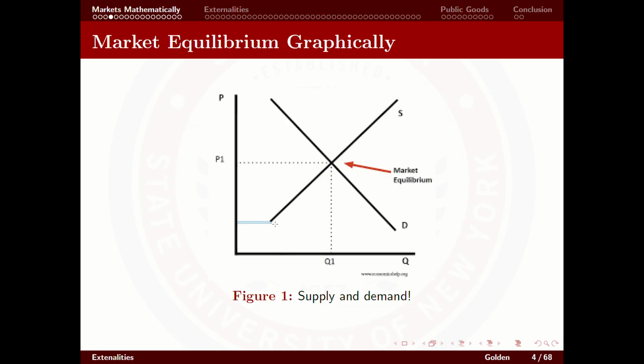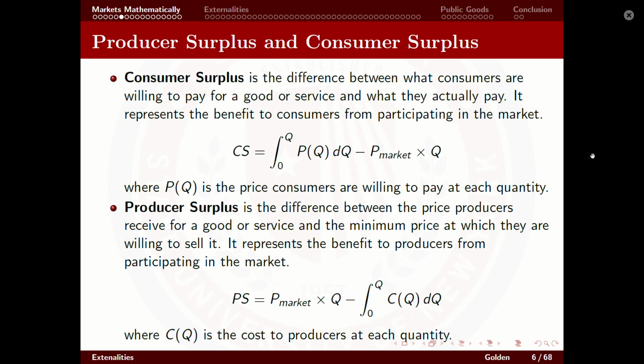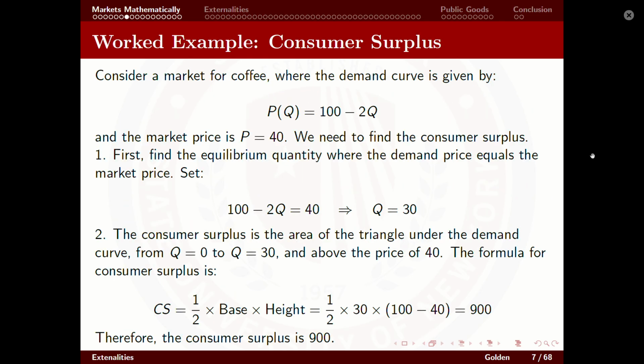So you integrate this little triangle up to price, and you get the producer surplus. Producer surplus plus consumer surplus is the market's total surplus. They're going to be very important objects in this particular class, as you'll see in a moment how they come into environmental economics.